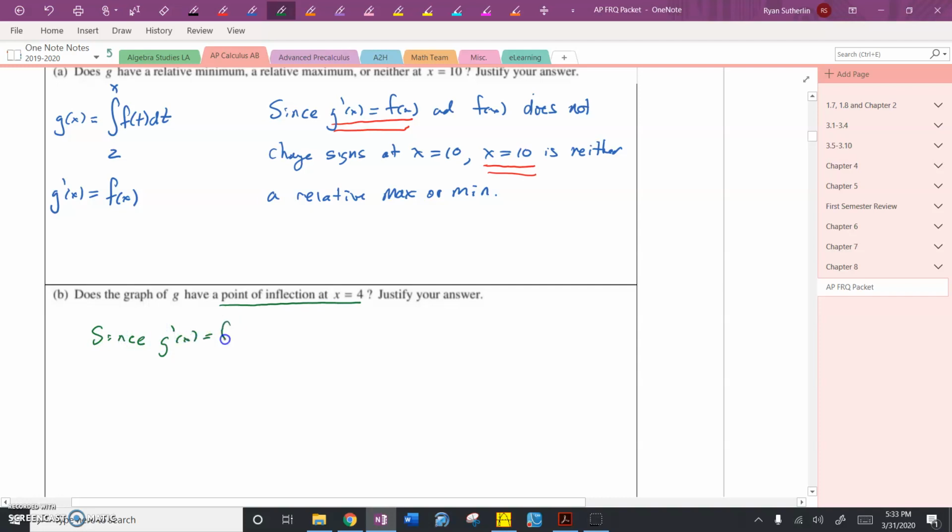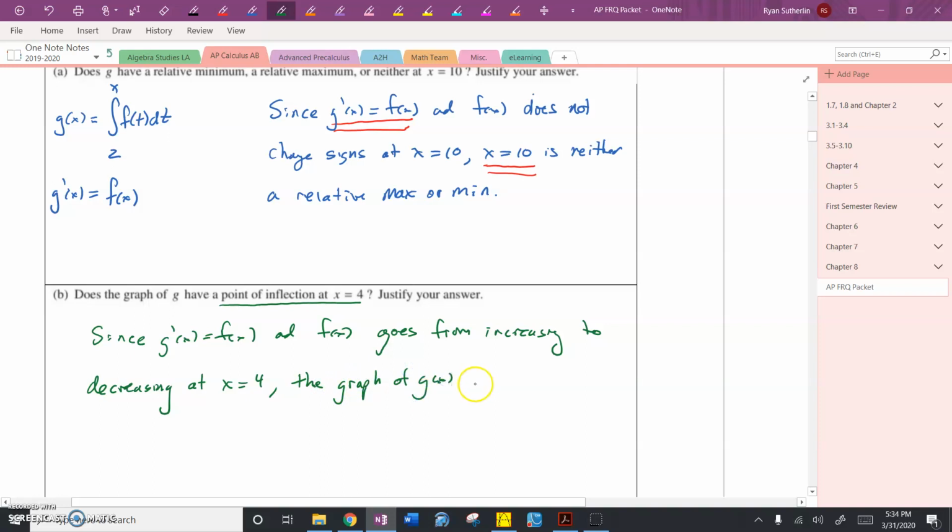Since g prime of x equals f of x, notice I have to say that again, and f of x goes from increasing to decreasing at x equals 4, the graph of g of x goes from concave up to concave down, making x equals 4 a point of inflection.